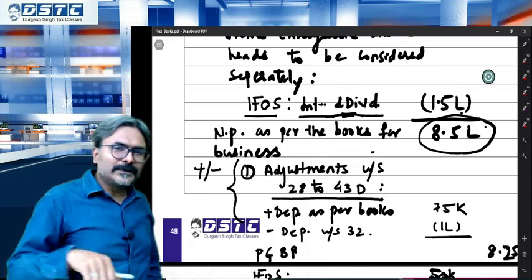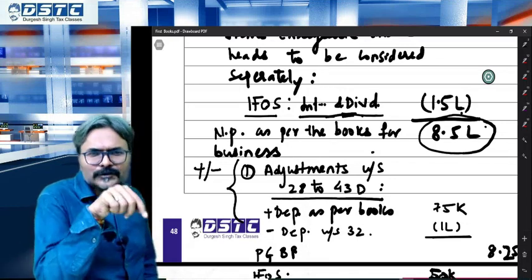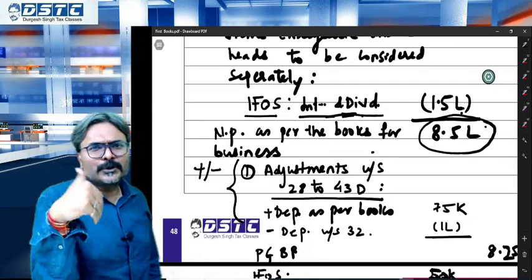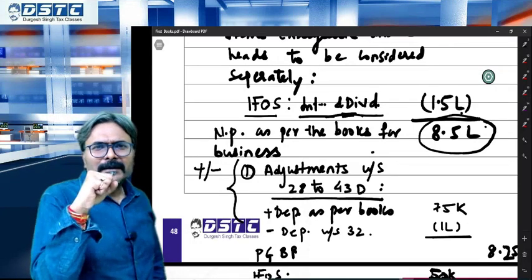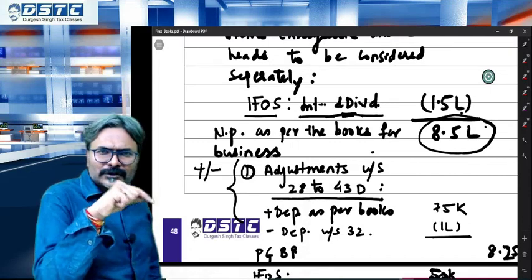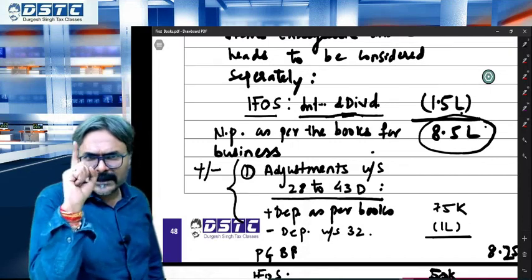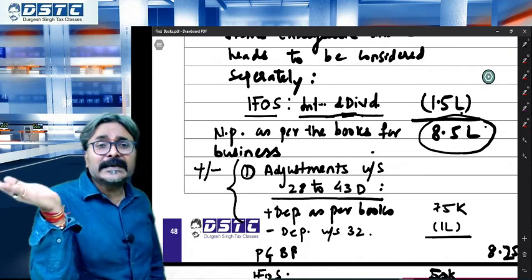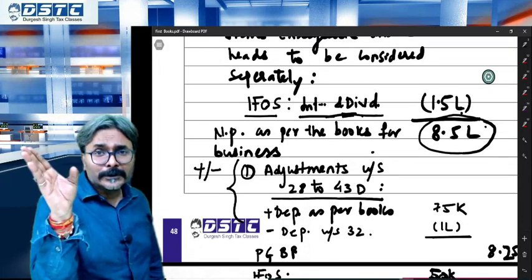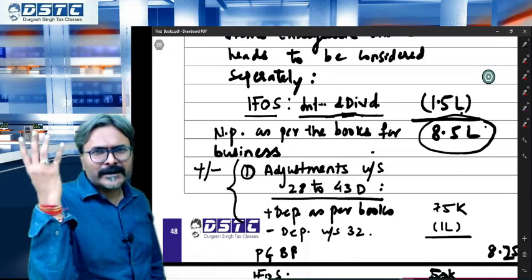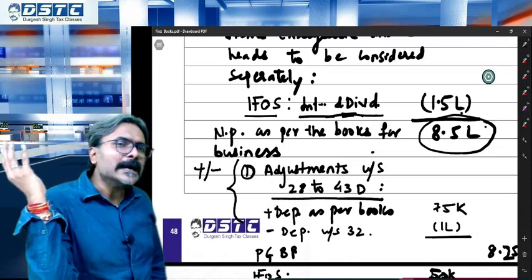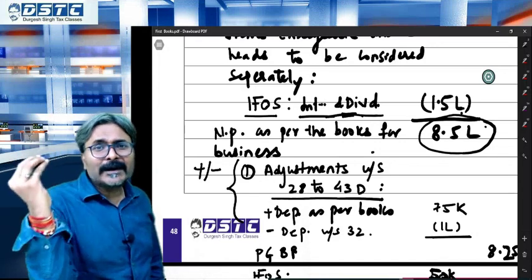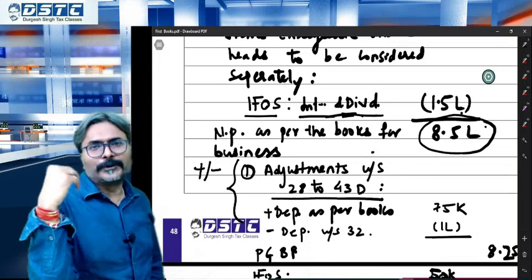What I'm trying to tell you is that for the head house property, there was no base amount on which you were doing the adjustment. Right from the first value, what was that first value? GAV. How to calculate the GAV was also told to you. The first value, which is the revenue of the head house property, known as GAV, how to calculate even that value was told to you.